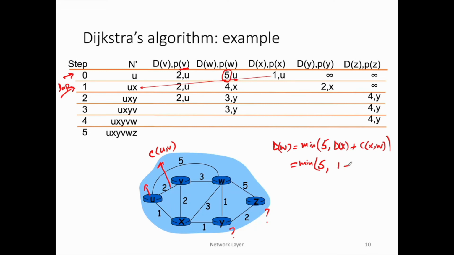And what is the cost to reach from X to W? 3. How do we know it? Because W is the direct neighbor of X, so this cost is known, 3. So this means we will take the minimum of 5 or 4.